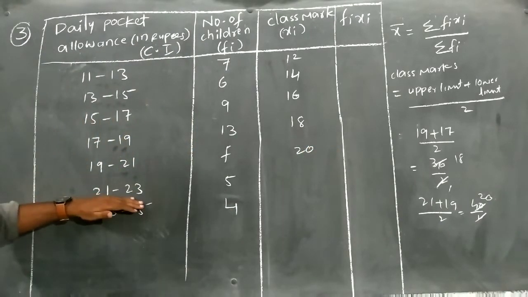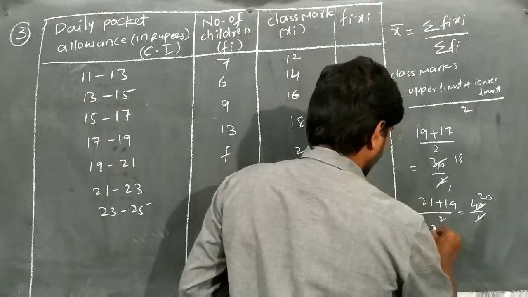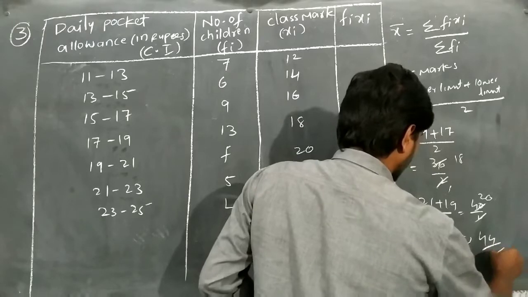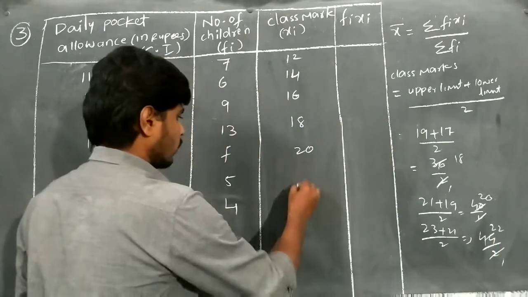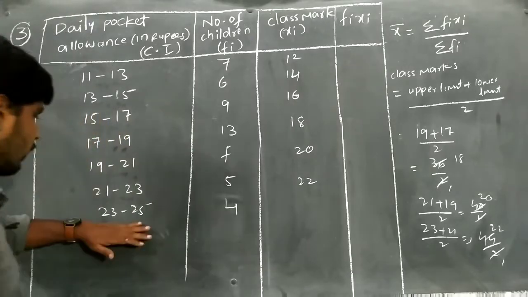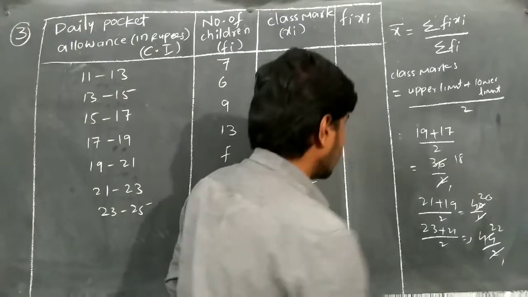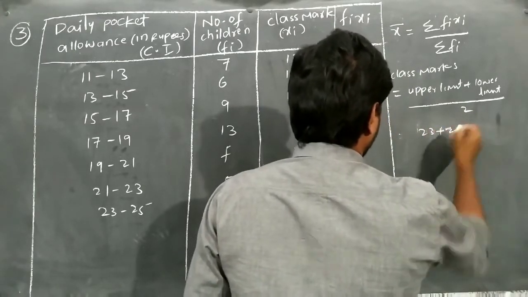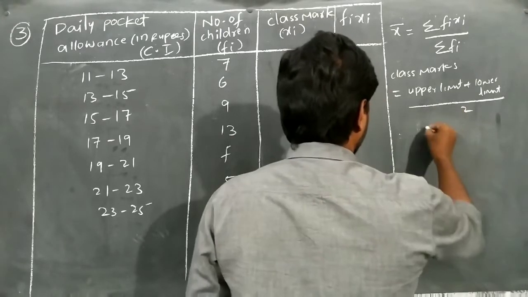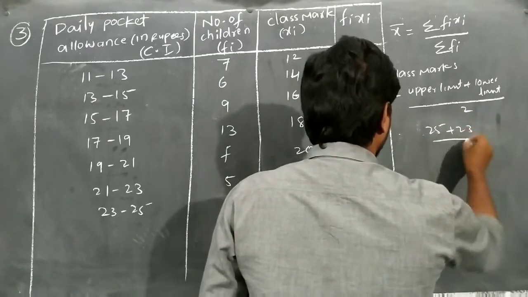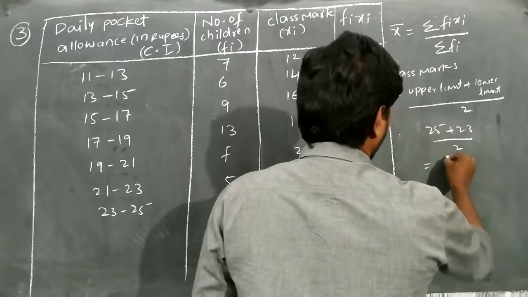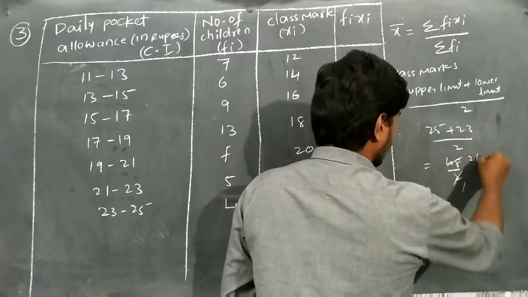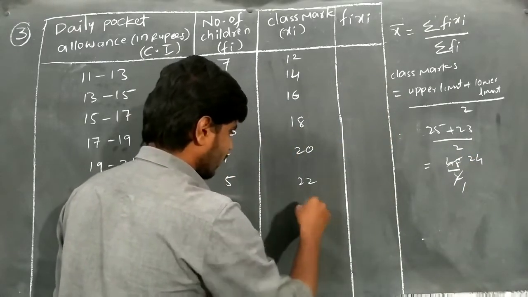Next, 21 plus 23, 44 by 2, 2 twenty-twos are 44. Next, 23 plus 25, 48 by 2, 2 twelves are 24. So here the final xi value is 24.